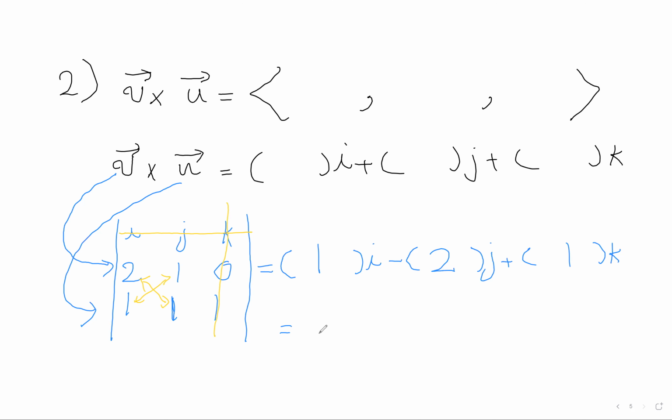So the answer is i minus 2j plus k. If I want to fill in those blank spaces, for the first one, i means 1 i, so the coefficient is 1, or the first coordinate is 1. The second coordinate is minus 2 here. And the third coordinate is 1k, so it is just 1. Or if I want to use the other notation, 1, minus 2, 1.